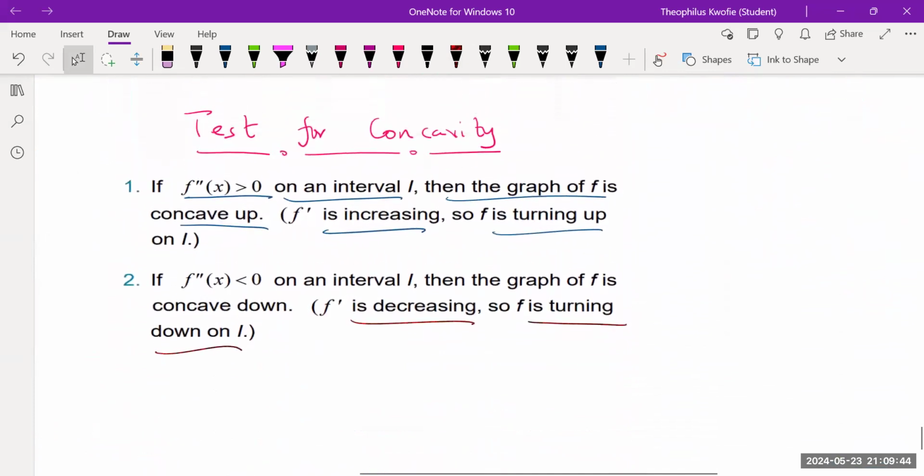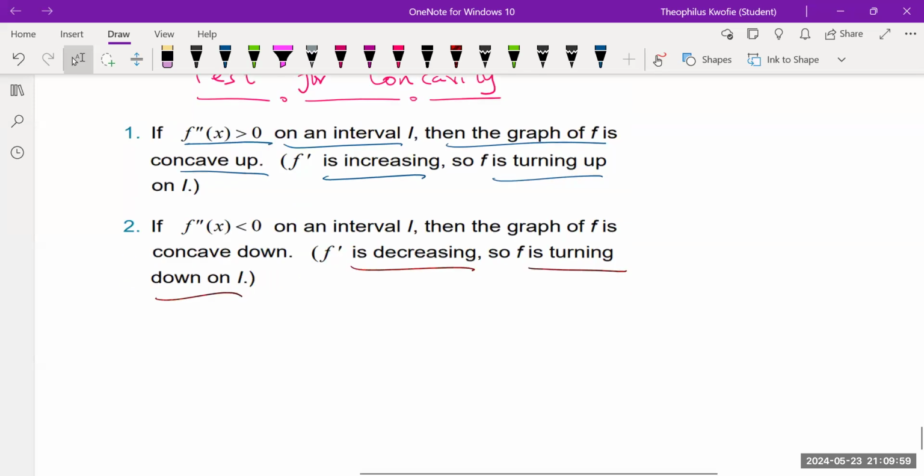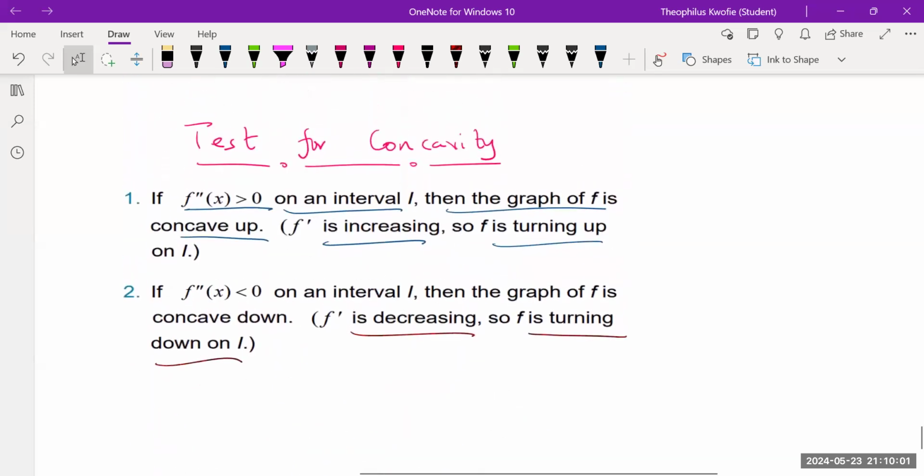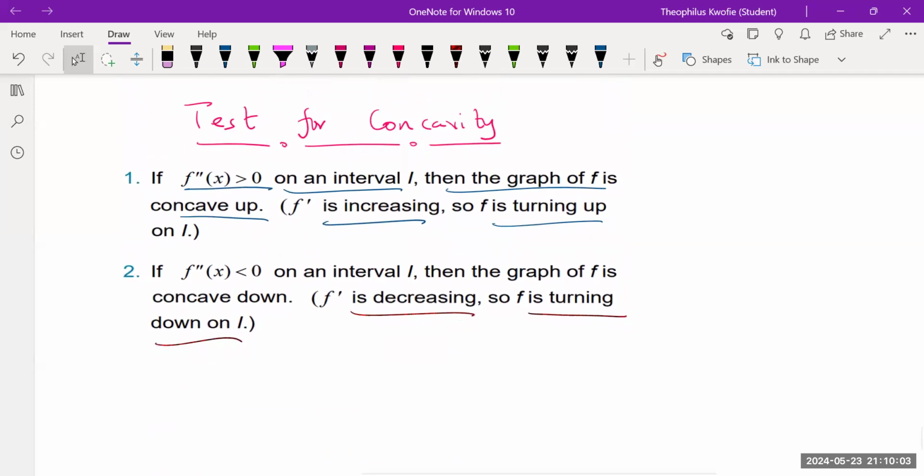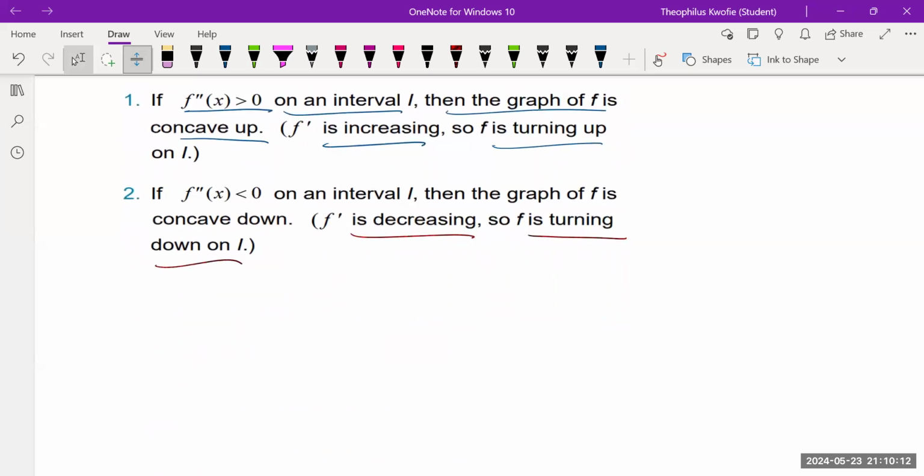Now, at this point, let's see how best we can leverage such definitions to solve some problems. But before we delve into problems, I want us to look at one or two things before we solve examples.